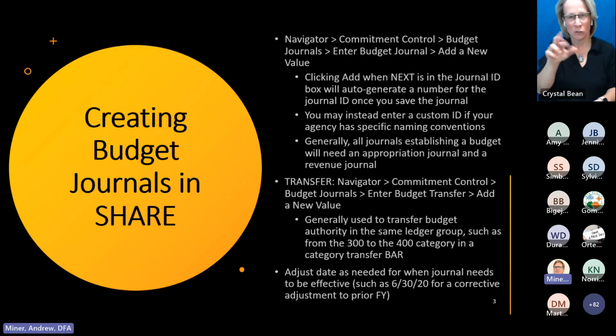And you can adjust the date as needed for when a journal needs to be effective. In July, we did have to do some corrections to FY23 that had already ended, in which case you might need to backdate the journal to 6/30/23, whatever the case may be. So you do have the ability to do that.